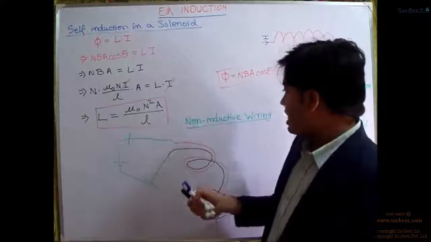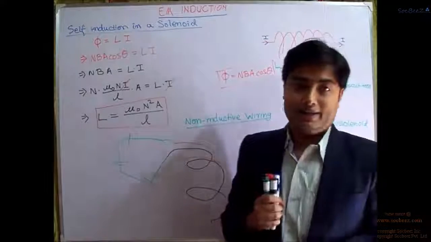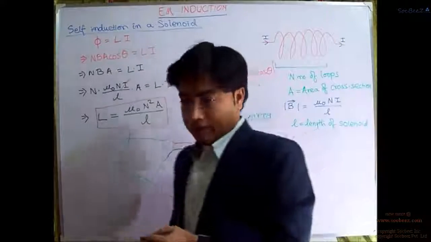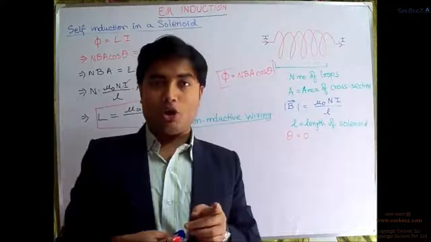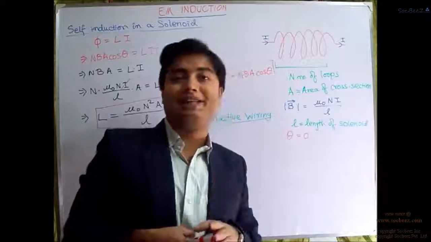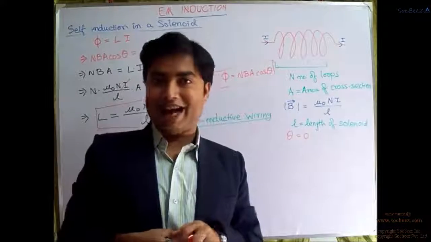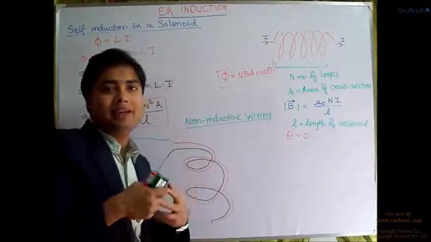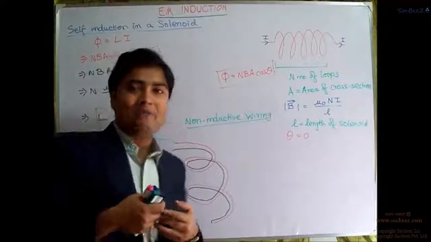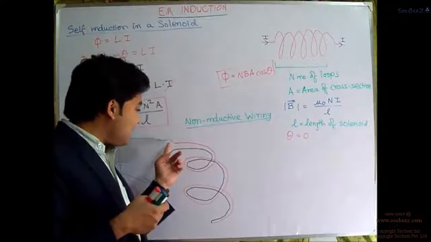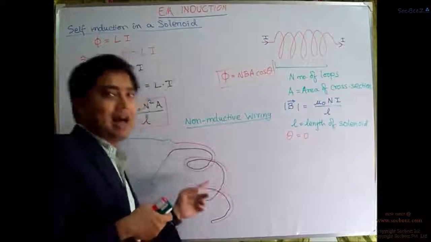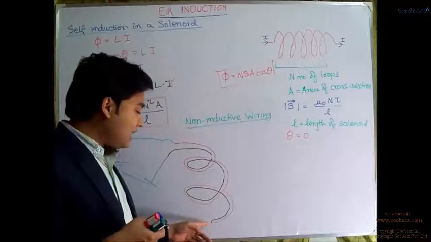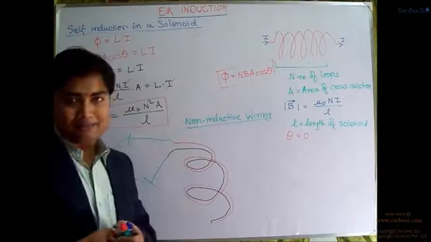Now this is a kind of non-inductive wiring. Why it will not oppose, let us see. But yes, the phenomenon of Faraday's law or Lenz's law will remain as it is. We cannot change that, but we have designed something so that the effect of the wires of these red lines will be cancelled out by the effects of these black lines.